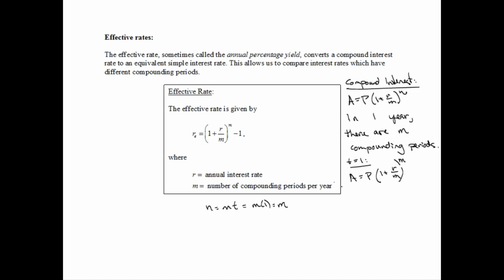Okay, in the simple interest, we're going to let R be R sub E, which we're going to call the effective rate.